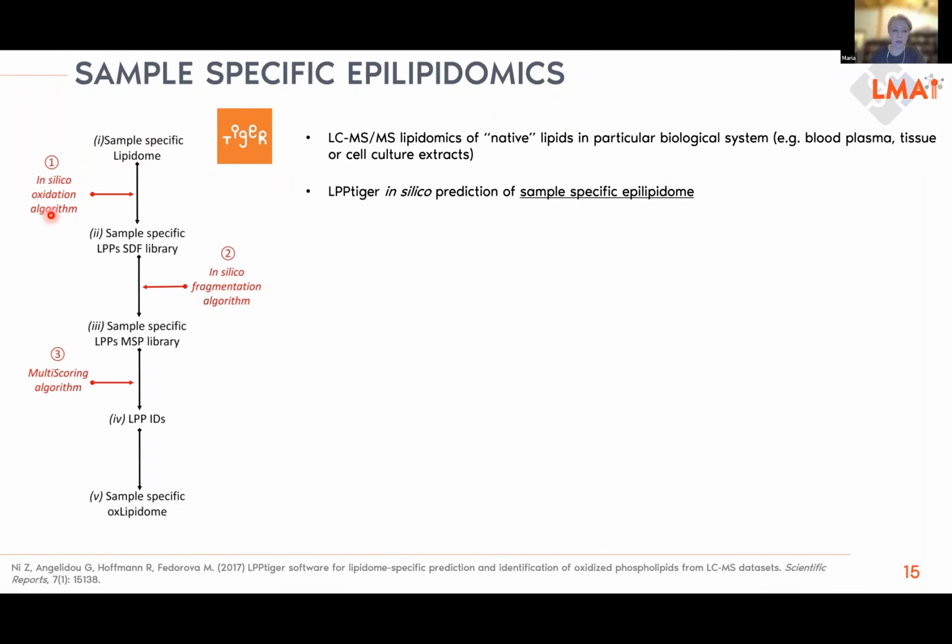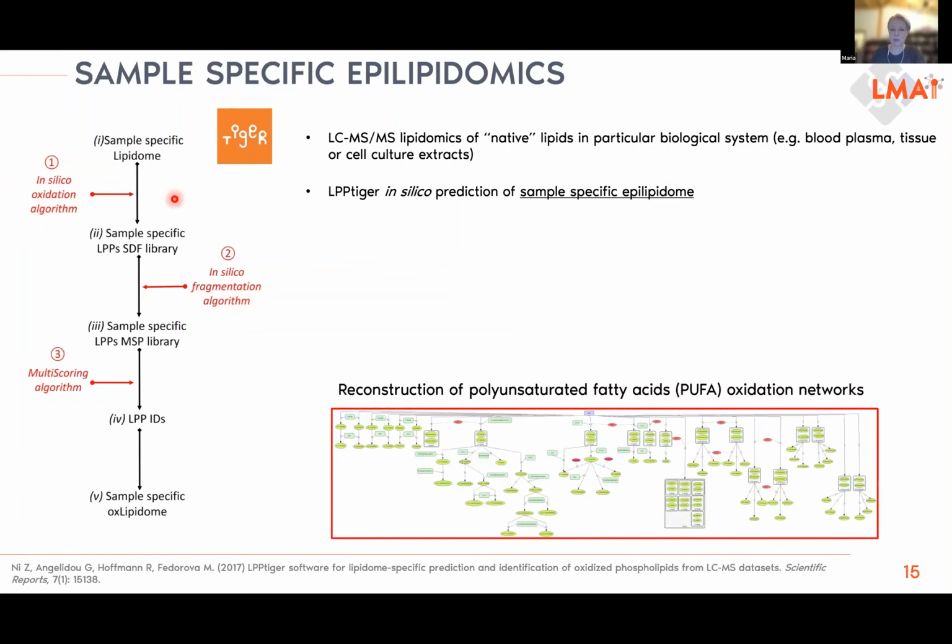But importantly for this workflow, it also allows us to in silico oxidize any given lipidome and predict which oxidized lipids can be formed. This prediction is based not on simple enumeration with oxygen atoms, but on reconstructed networks of polyunsaturated fatty acid oxidation. Nii and Georgia back then did a lot of work collecting literature on the reactions which have ever been shown to happen to the 10 most abundant PUFAs.